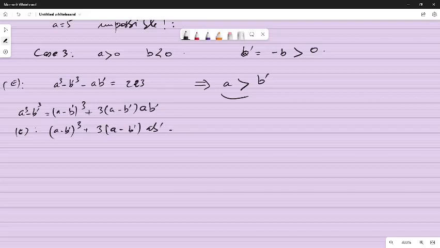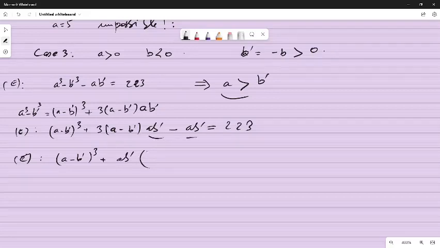And our equation becomes (a minus b prime) cubed plus 3(a minus b prime) ab prime minus ab prime equals 223. And our equation is equivalent to (a minus b prime) cubed plus ab prime times (3(a minus b prime) minus 1) equals 223.